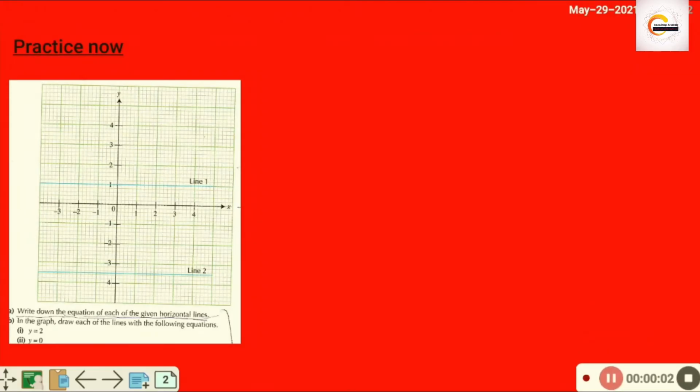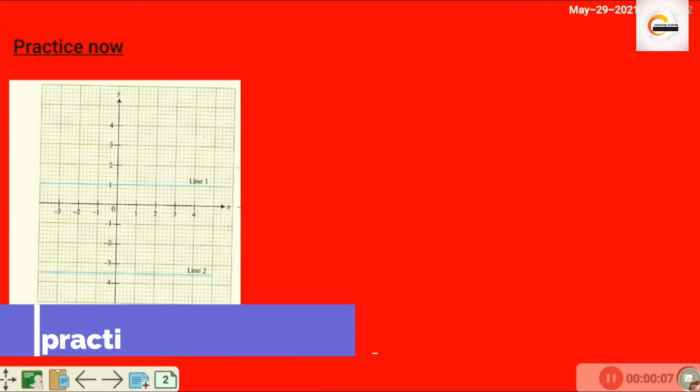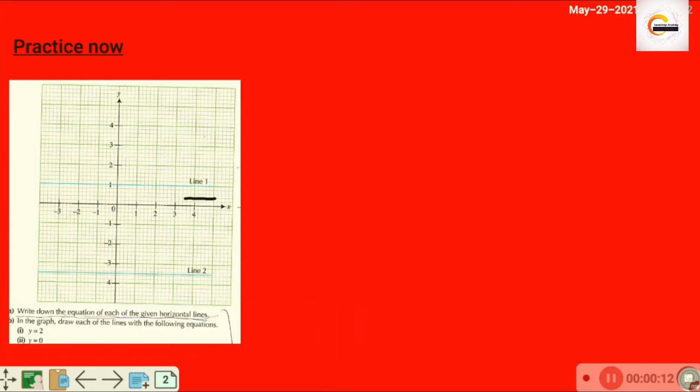So practice now. Write down the equation of each of the given horizontal lines. We have two horizontal lines here, line number 1 and line number 2, and we can see that these horizontal lines are parallel to the x-axis. So we know the equation of a horizontal line is y equals c.